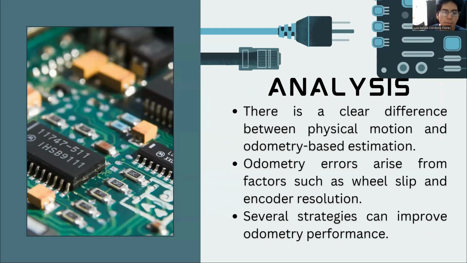This can be improved by increasing mechanical precision, using smoothed motion strategies like gradual curves, and integrating additional sensors like an MPU 6050 to reduce odometry drift and improve pose estimation.